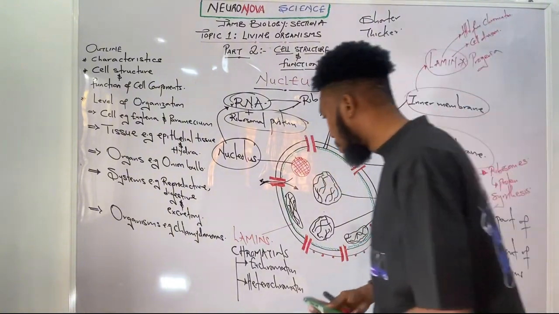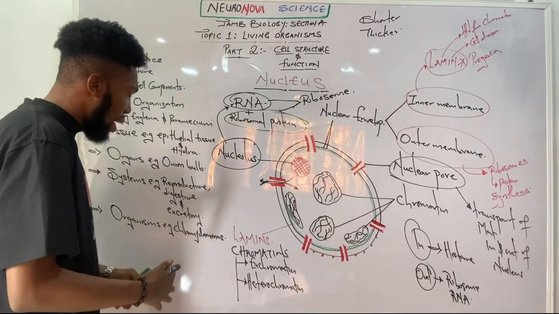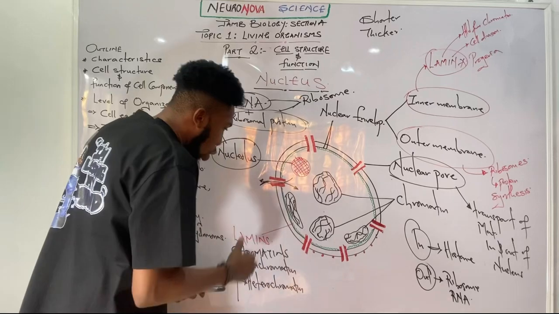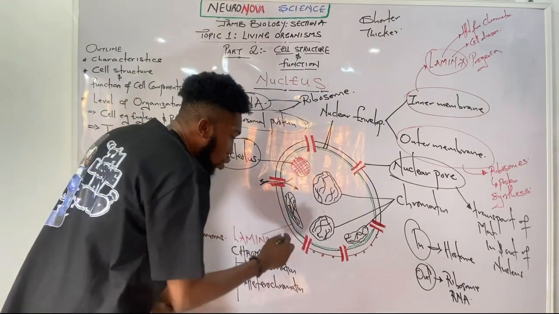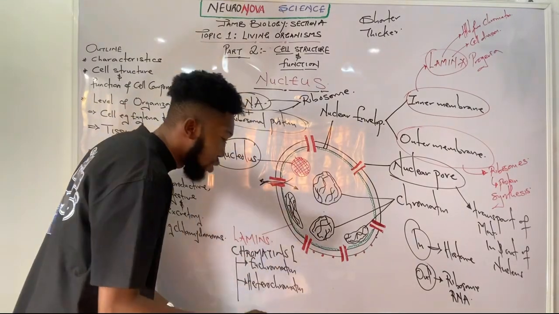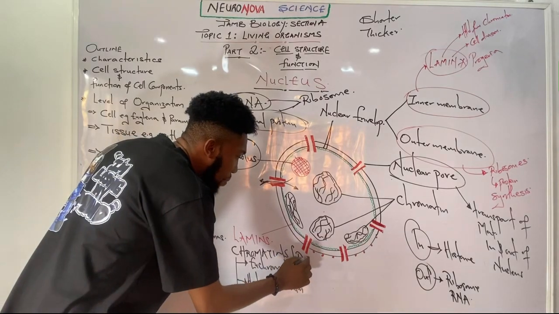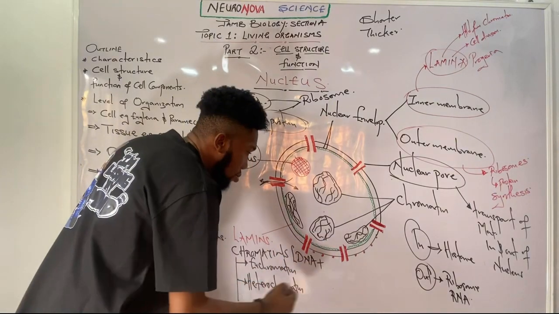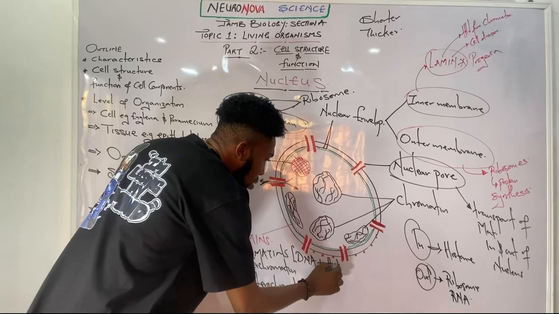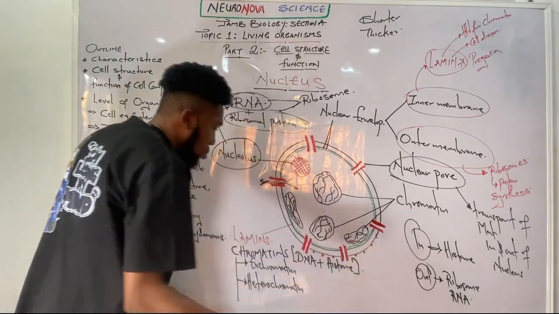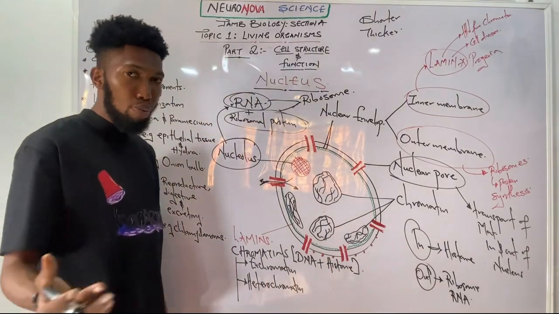So basically, what is the general makeup of chromatin? The chromatin, like I said earlier, is just DNA plus histone protein.